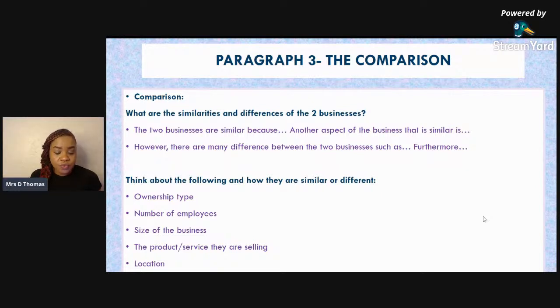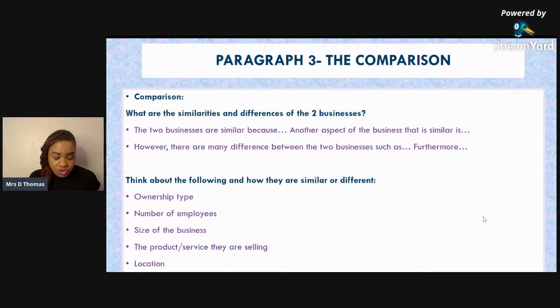So you need to think about the different ownership type. As I said before, think about the different ownership type. Is it sole trader ownership, or a partnership?